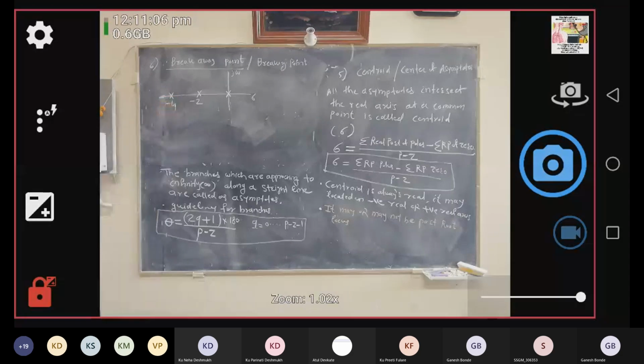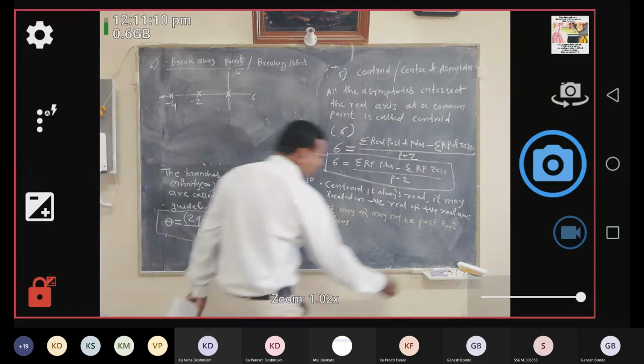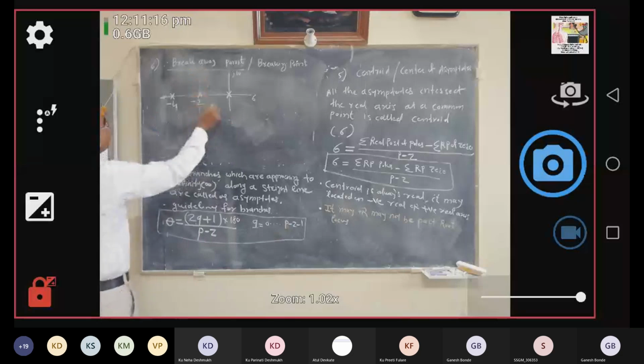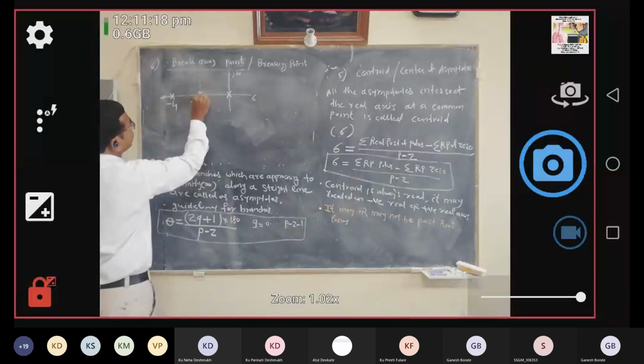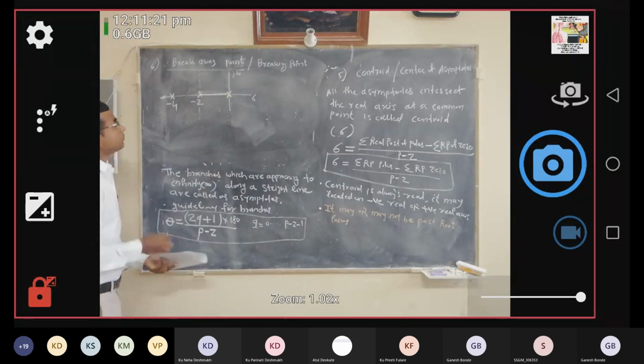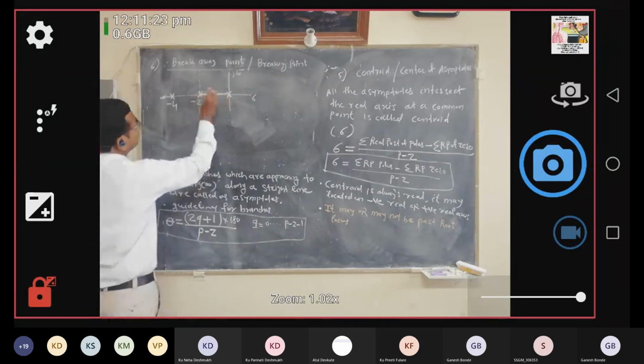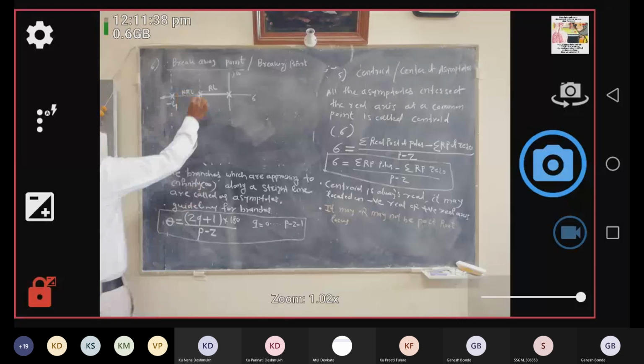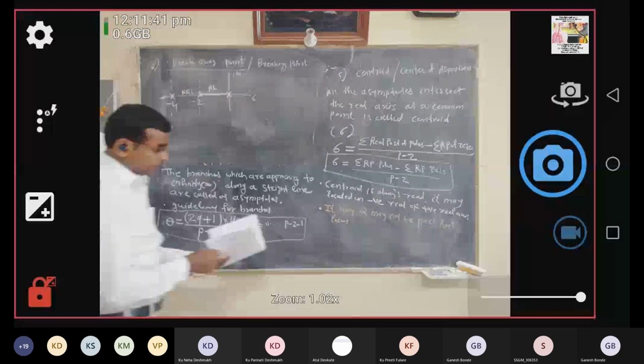If you apply rule number 3 here, to see which section is a part of the root locus and which is not, this section is a part of the root locus, so we darken this section. Beyond this, P plus Z is 2, so this section is not a part of the root locus. After applying step number 3, we get this information.